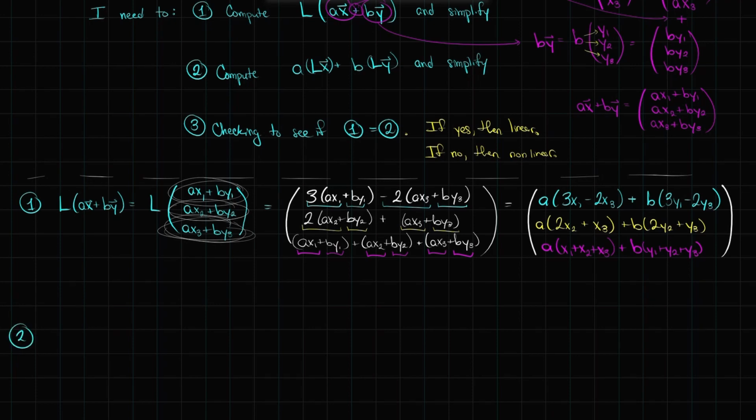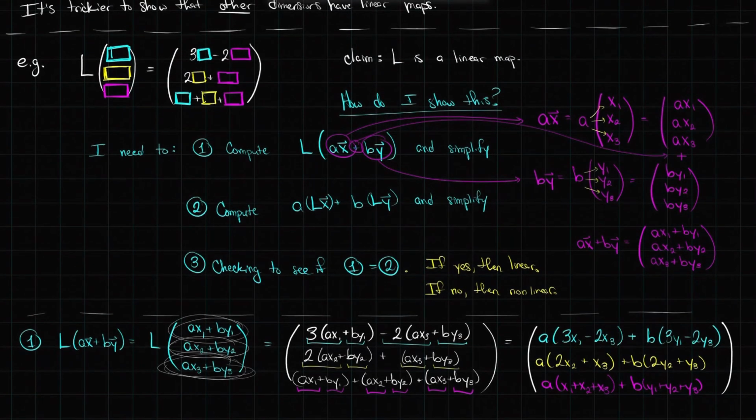Next, I'm going to want to calculate A times L on x plus B times L on y, and let's recall that x was defined as x1, x2, x3, and y was defined as y1, y2, y3. When I go ahead and calculate these, I can do those with my color codings as well, and as I scroll up, there's the x1, x1, x2, x2, and so on, all the way through all of the entries.